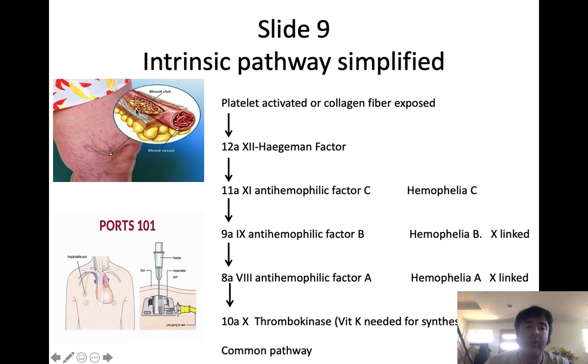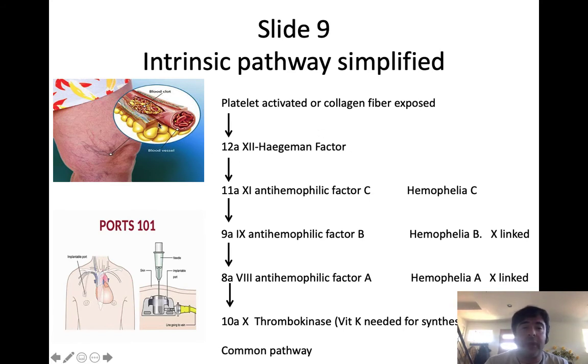The first protein in the intrinsic pathway to go from being inactive to active is clotting factor 12. Clotting factor 12 is also called Hageman factor. Again, it's a protein synthesized by the liver that plays a role in this clotting cascade.